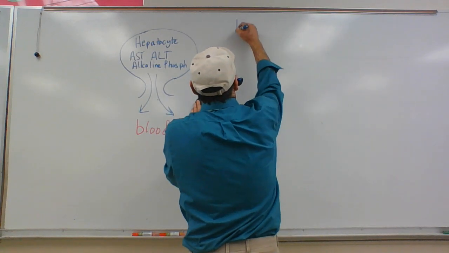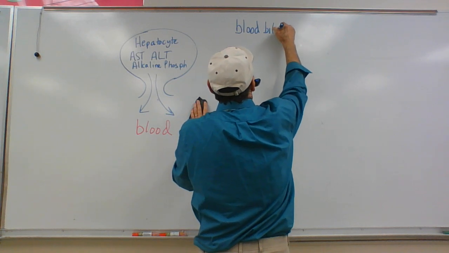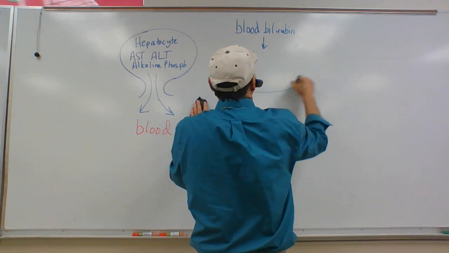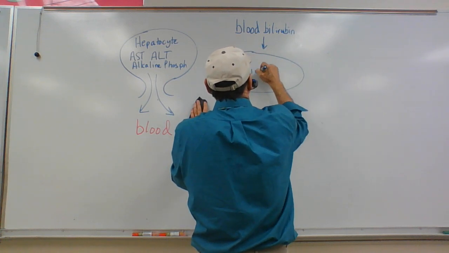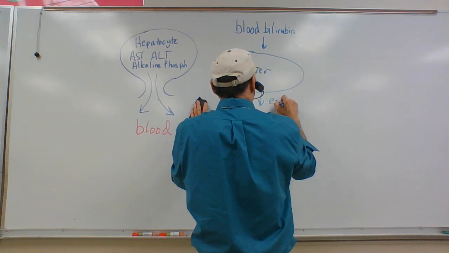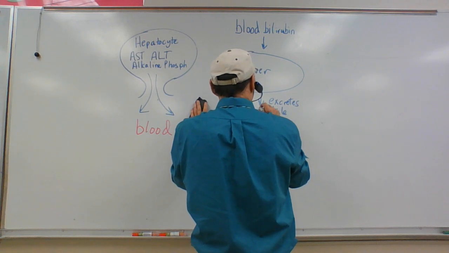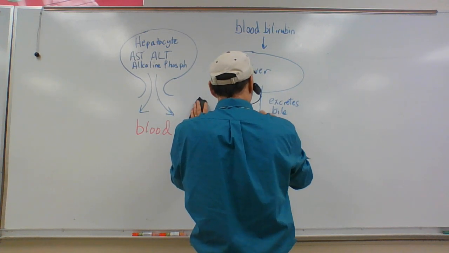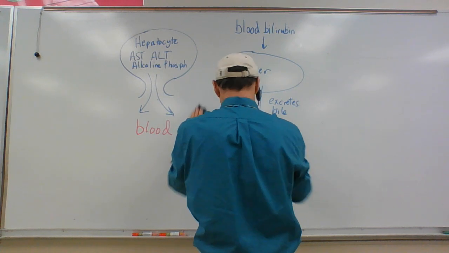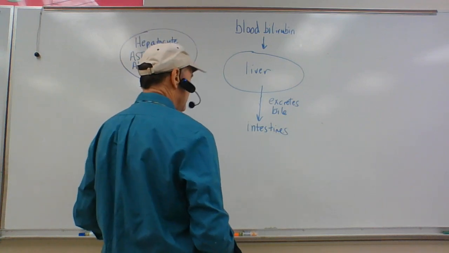The liver takes blood bilirubin, processes it, and excretes it in the bile into the intestines. I'm going to need a new pen. Let's imagine that the liver is damaged.